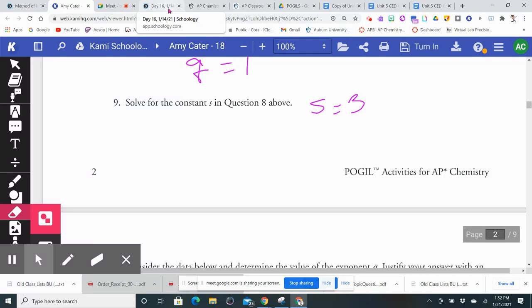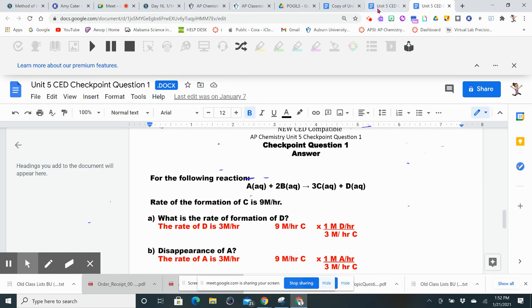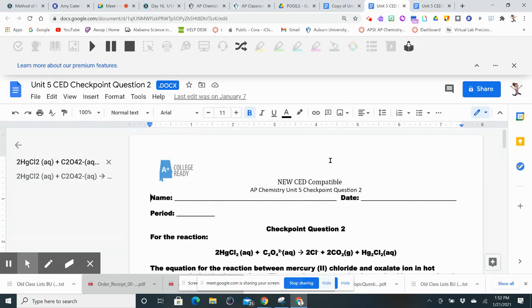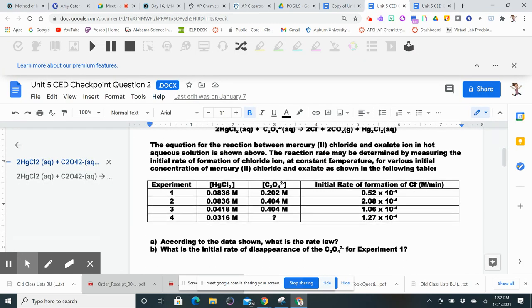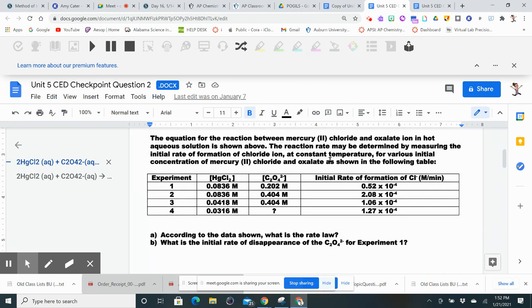Checkpoint 2 is due tonight. What you're going to do with checkpoint 2 is work out and answer questions A and B, which is the same stuff we've done today in class.